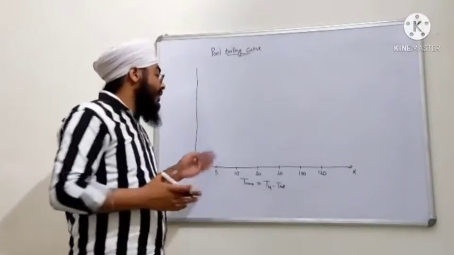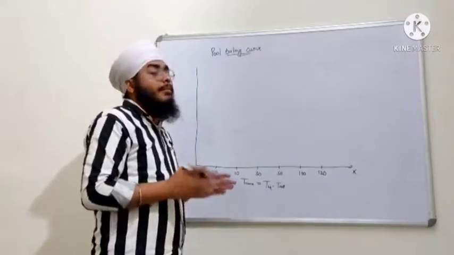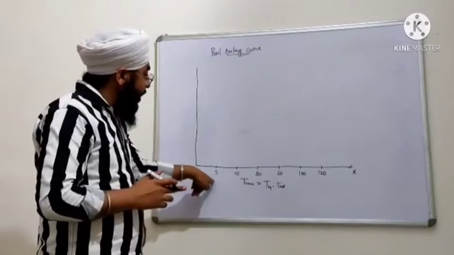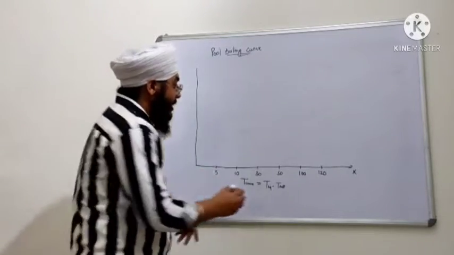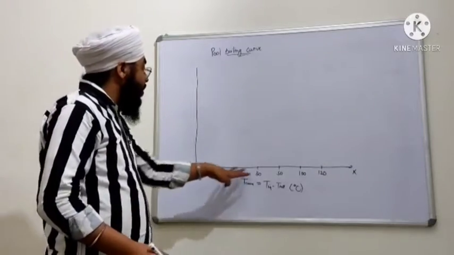So at that point the excess temperature of the liquid will be 30 minus 100, that is minus 70 degrees Celsius. But here we are plotting the curve in positive.